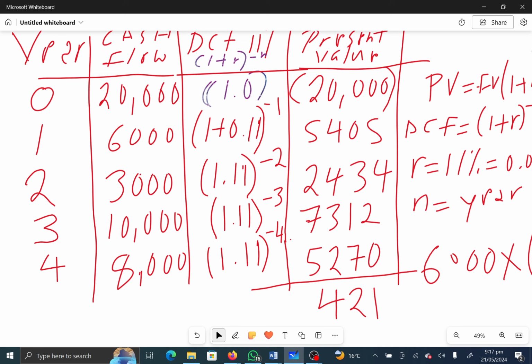Cash is moving out of your pocket. Kindly mute your mic. So 20,000 is the money which is going out of your pocket, so it is cash outflow. That's the reason it is negative. It is not money coming from the project.